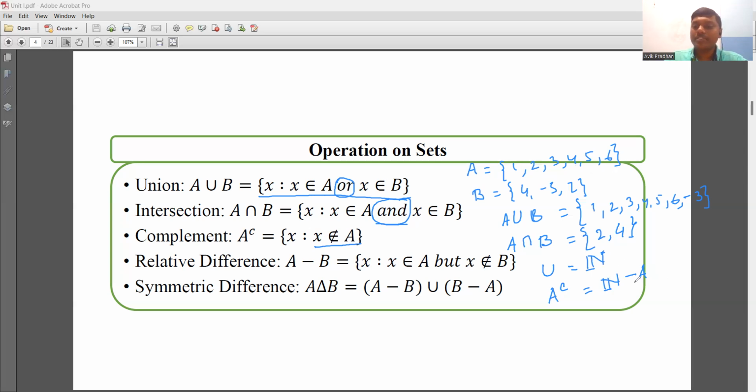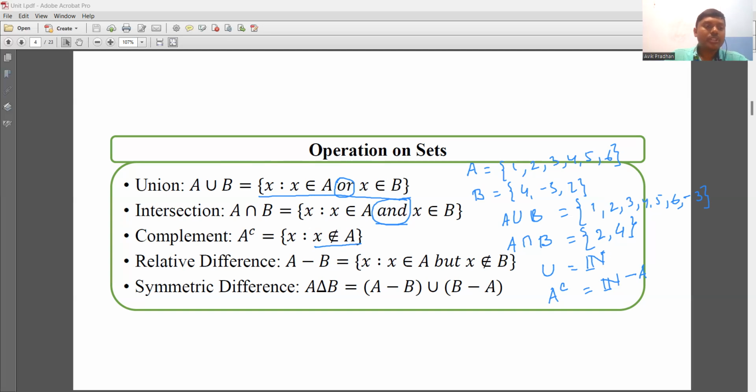So A complement will be the elements which do not belong to A but are contained in the universal set, which is the natural number set. So this A complement will be the natural numbers excluding 1, 2, 3, 4, 5, and 6. So that will give you the complementary set.